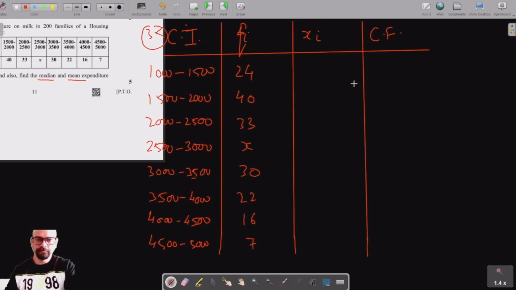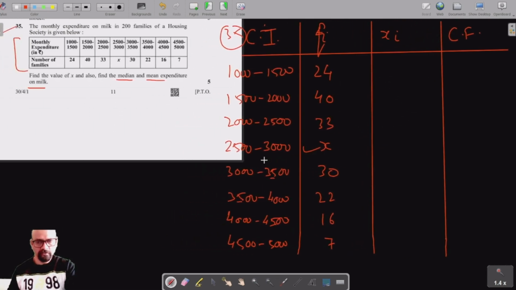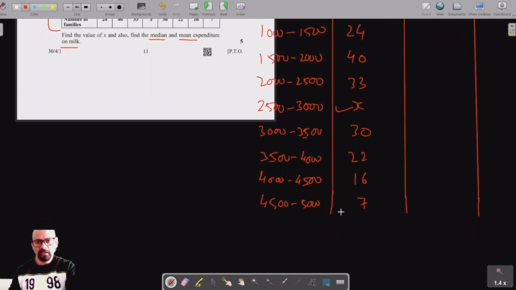And now, first of all, let's find the value of x. It's given that the total of the frequency is 200 families. So that means the sum total of all these frequencies is 200.